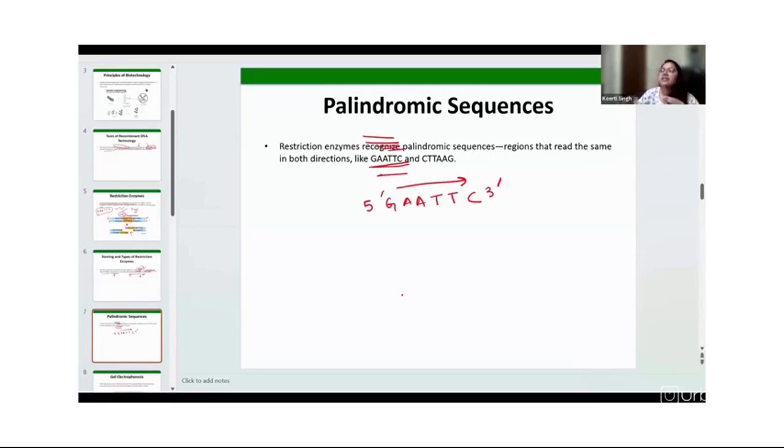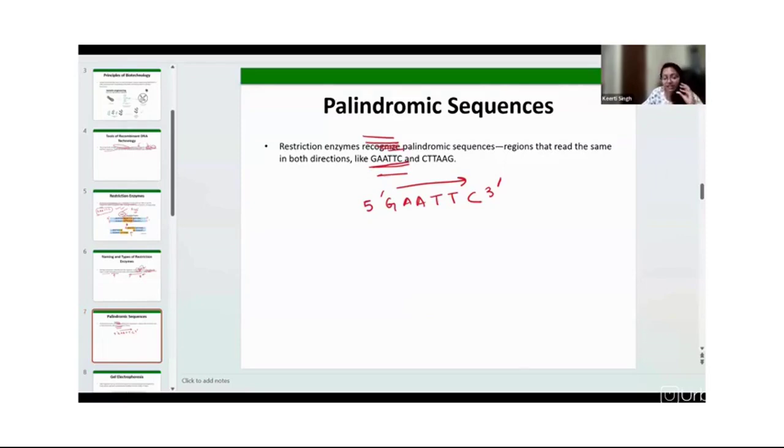Our next step is that this DNA will be inserted into some kind of plasmid DNA. What is plasmid DNA? Plasmid DNA is extra chromosomal DNA present in bacteria, which divides on its own. So this DNA will be cut and inserted into the plasmid DNA. This plasmid will act as a vector, a molecular vehicle.